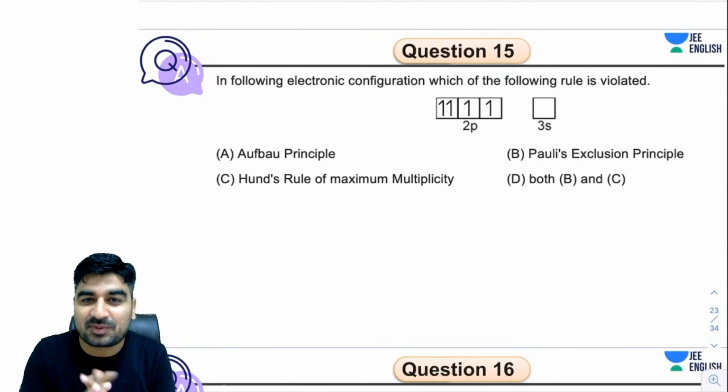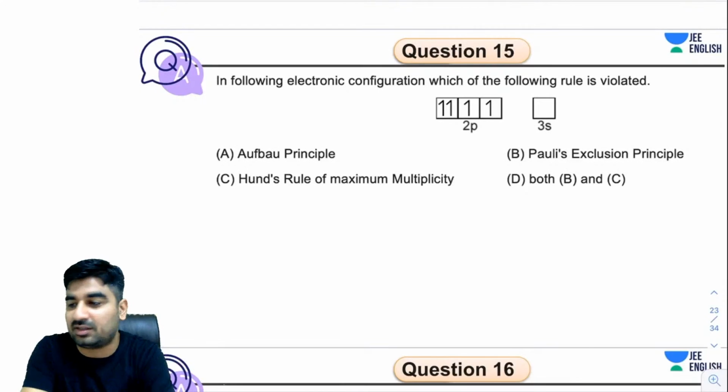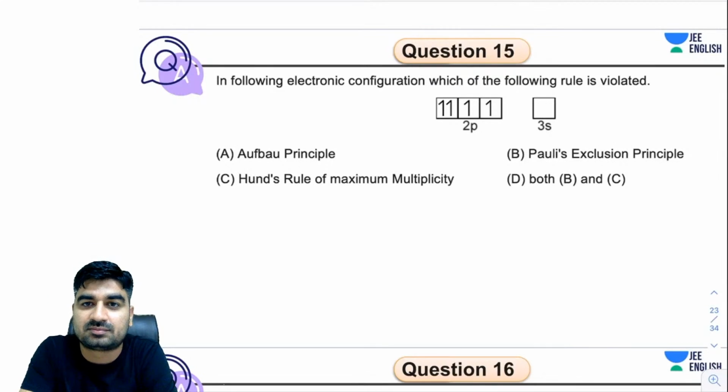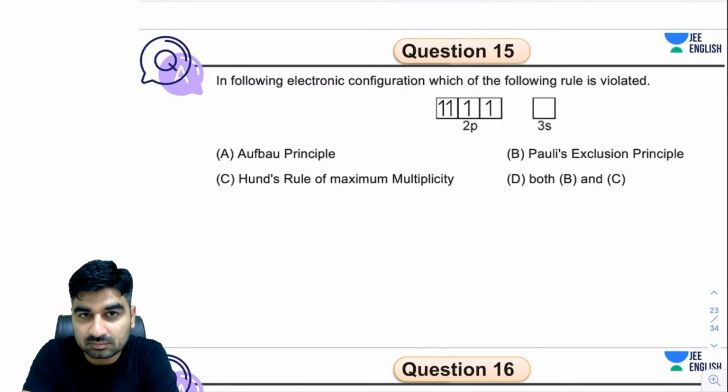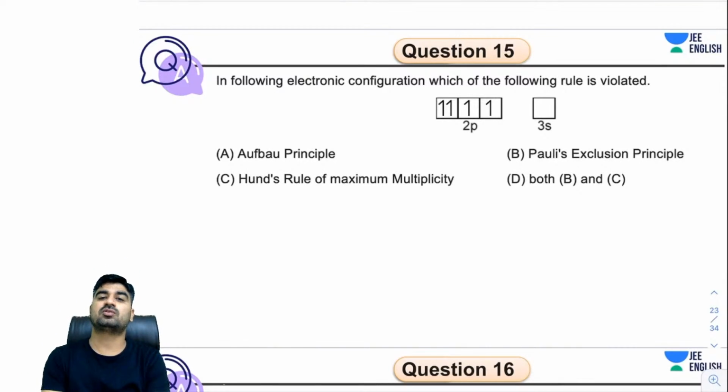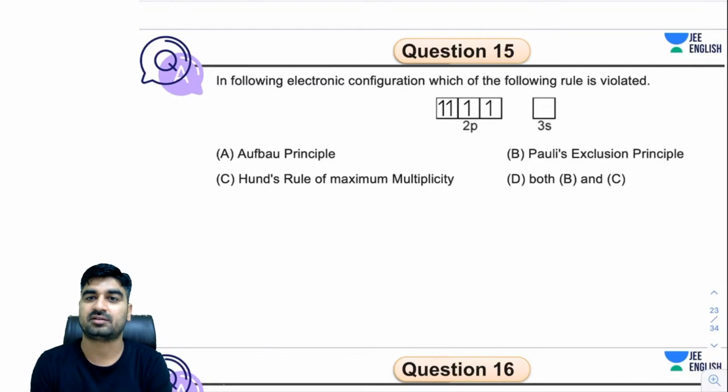Now it is a very simple question and don't commit any error. In the following electronic configuration, which of the following rules is violated?